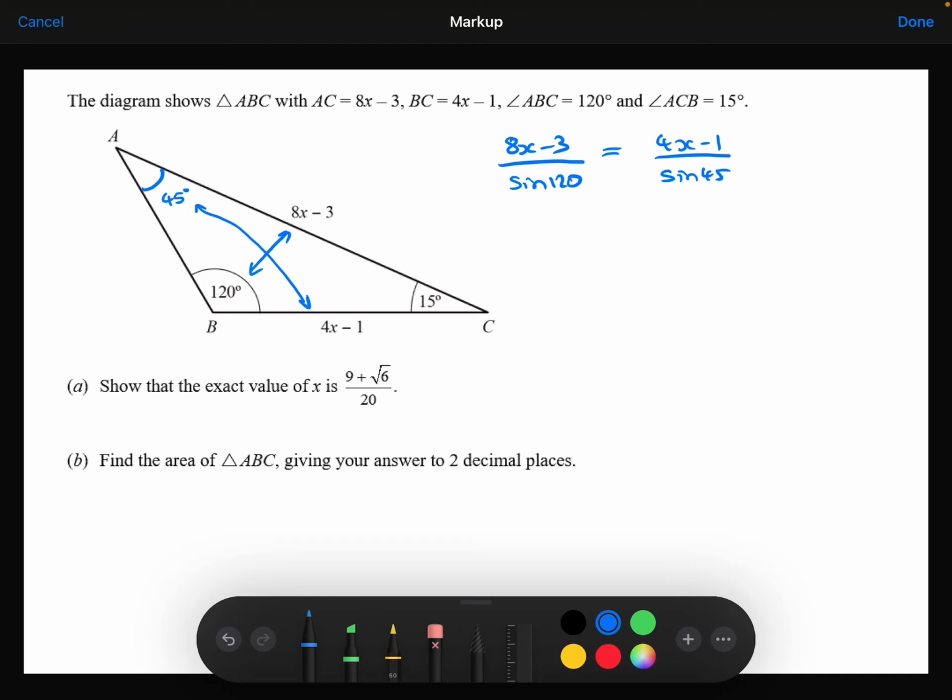I'm then going to cross multiply, so I'm going to times by sine 120 there and sine 45 there. Now, the sine 45, I know that's the same thing as root 2 over 2.